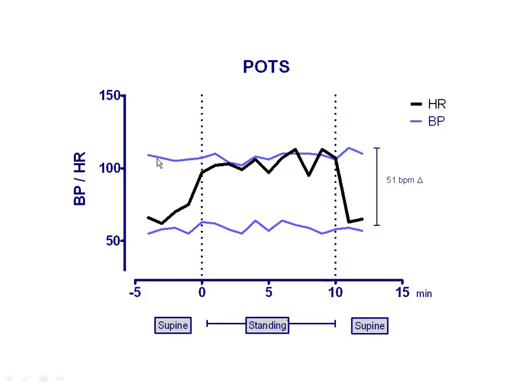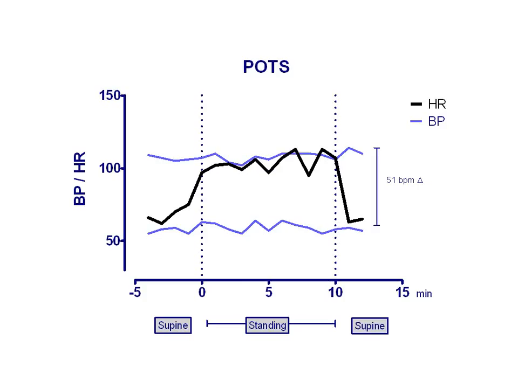The light blue lines reflect his systolic blood pressure at the top and diastolic blood pressure at the bottom. Heart rate is in black. And when he was supine, his resting heart rate was 62. You can see that as soon as he stood up, his heart rate went up above 100 and peaked at 113.